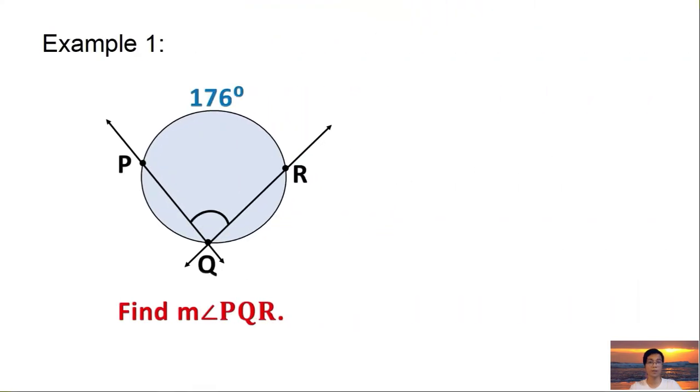Let's find the measure of angle PQR. So, si angle PQR, ito yan. Yung kanyang intercepted arc is arc PR. So, let's write our formula. The measure of angle PQR is equal to 1/2 the measure of the intercepted arc, which is arc PR.